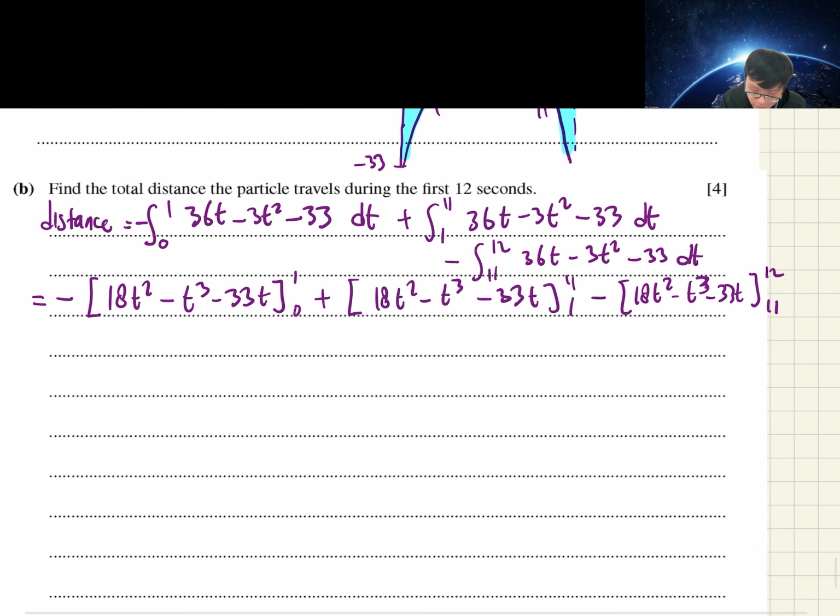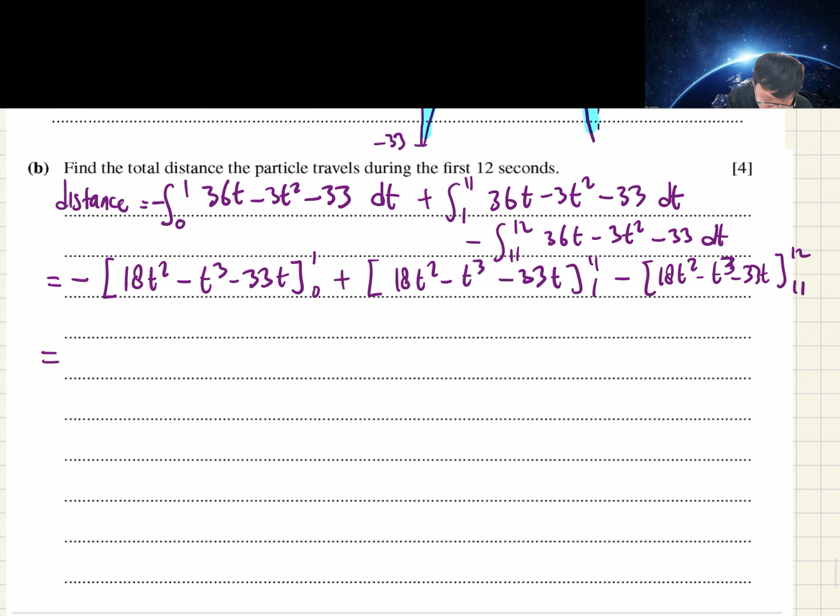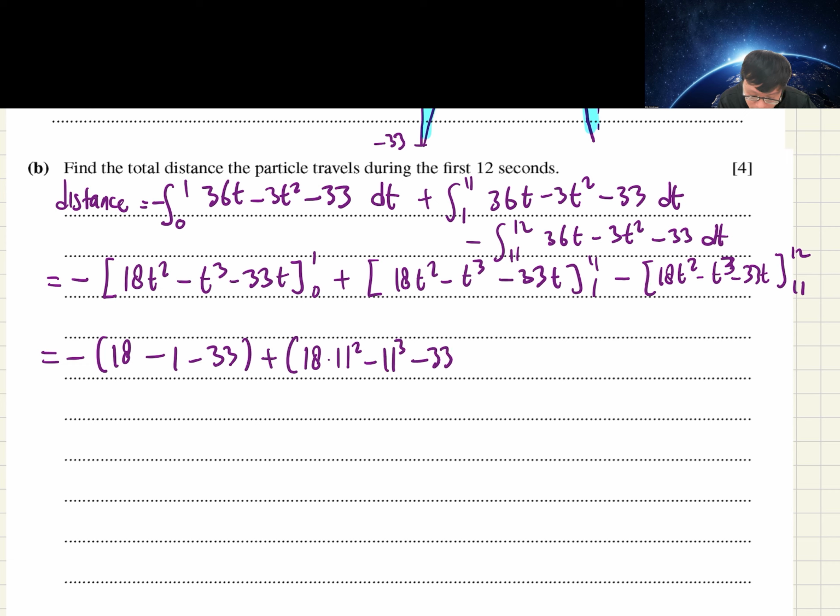Okay, and you plug in all of the values. So minus, plug in 1, becomes 18 minus 1 minus 33, minus 0, just 0. And then you plug in 11: 18 times 11 squared minus 11 cubed minus 33 times 11, minus plug in 1: 18 minus 1 minus 33.